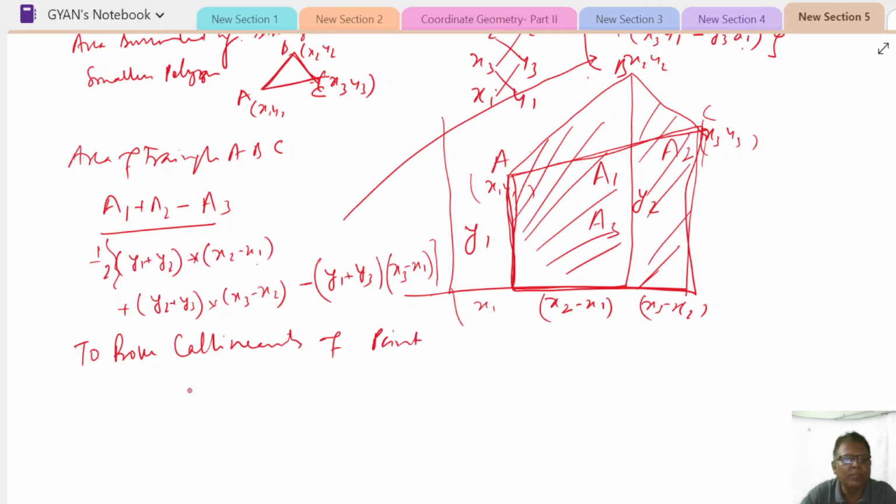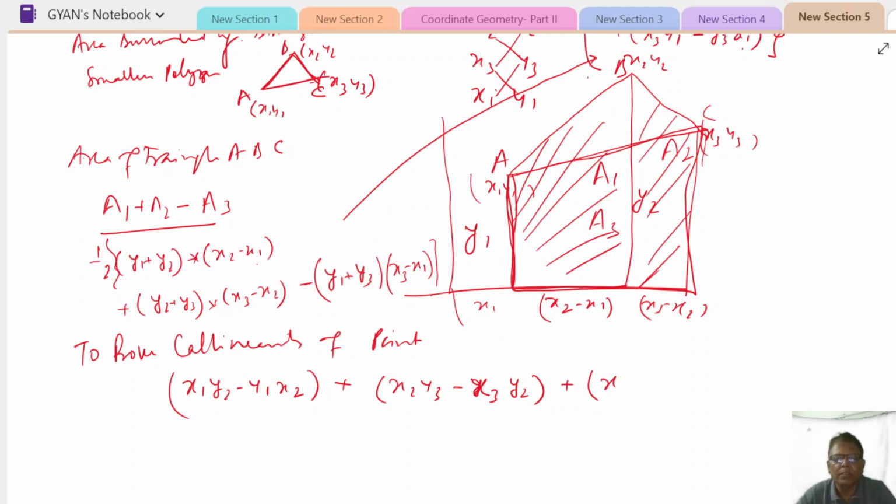You can prove that x1 y2 minus y1 x2, plus x2 y3 minus x3 y2, plus x3 y1 minus x1 y3 is equal to 0.